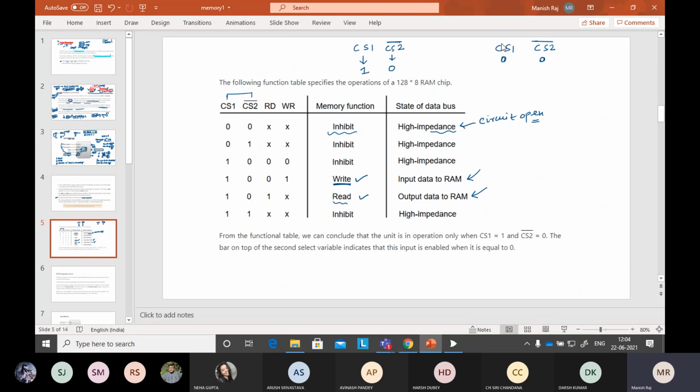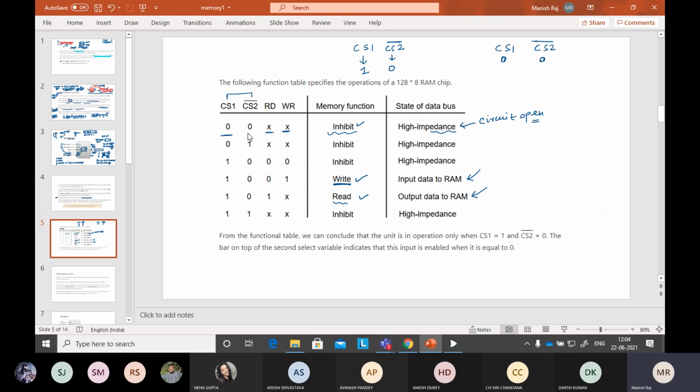In this condition CS1 is not enabled, that's why we can't select the chip. So whatever you do, write operation or read operation, it will not work. That is the inhibit condition.